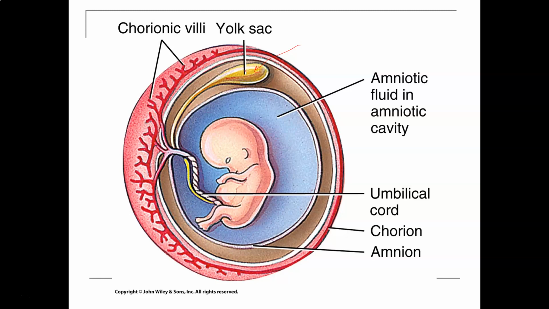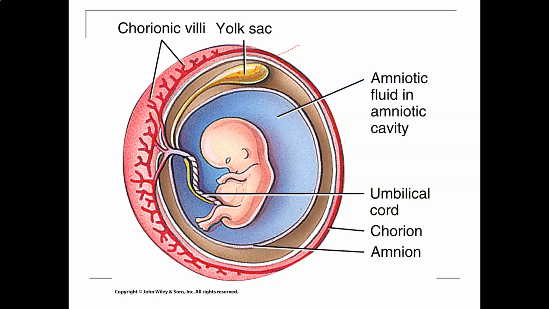Although one thing the yolk sac does, one function of it, in addition to providing nutrients early on, is that the cells that are going to form the stem cells for gametes, in other words, the cells that in males can undergo meiosis to form sperm, or in females can undergo meiosis to form egg cells, they actually originate in the yolk sac for some reason. They originate in the yolk sac, and they have to migrate from the yolk sac into the embryo, into the developing ovaries or testes.